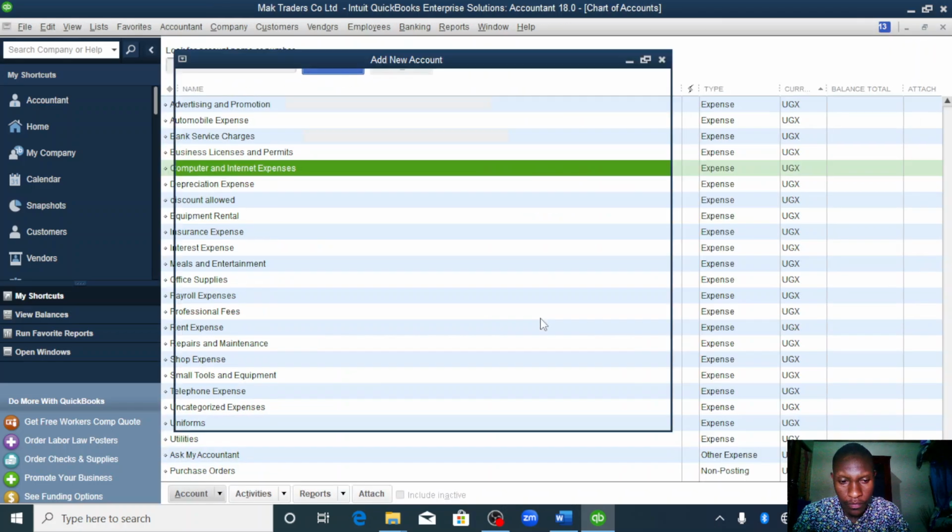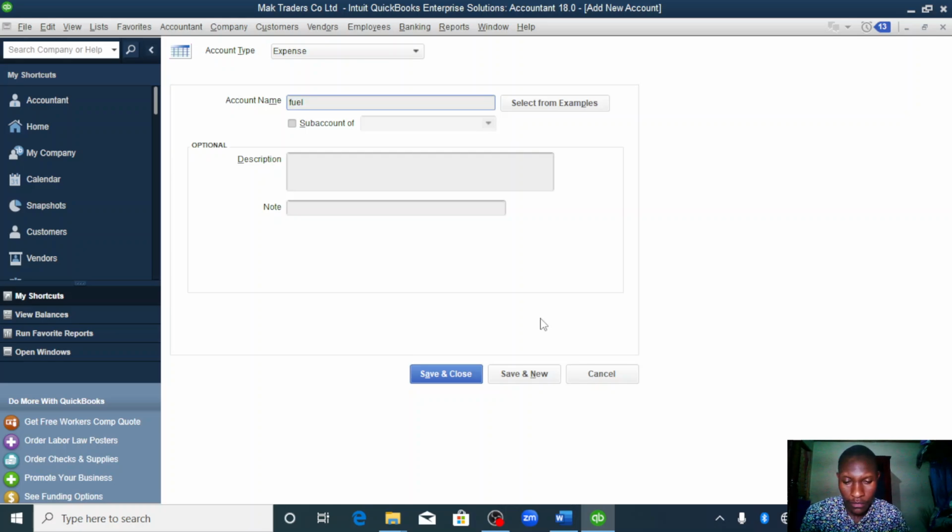So we save and new, we add rent, we save and new, we add office cleaning, we save and new.